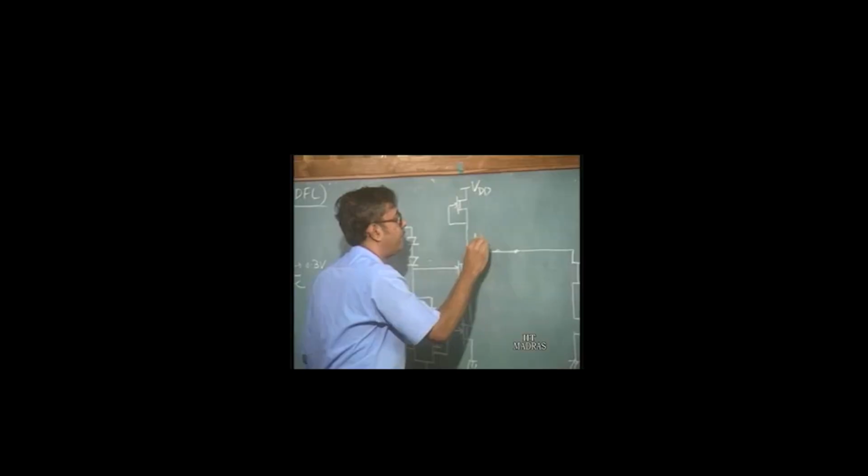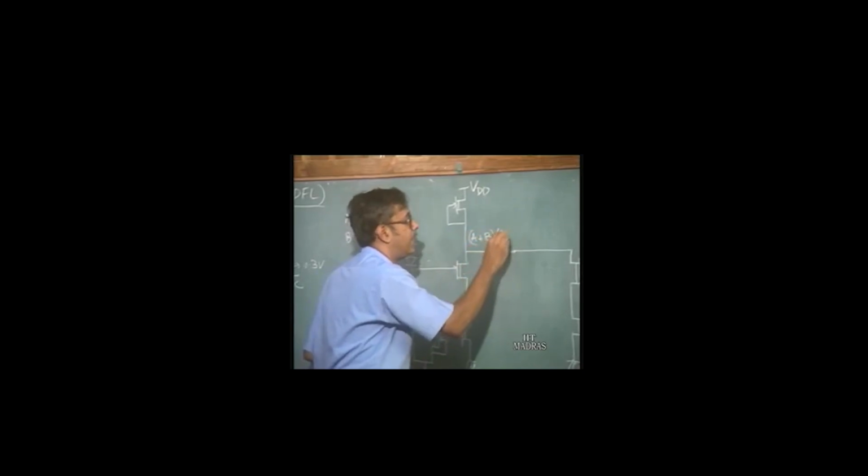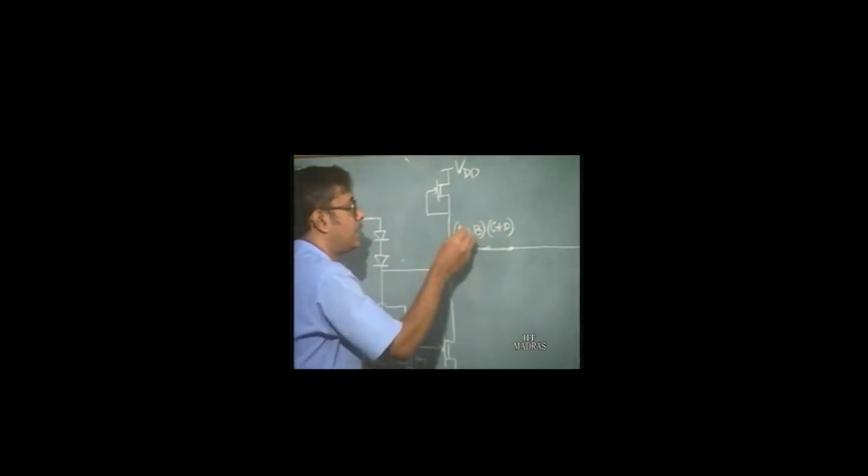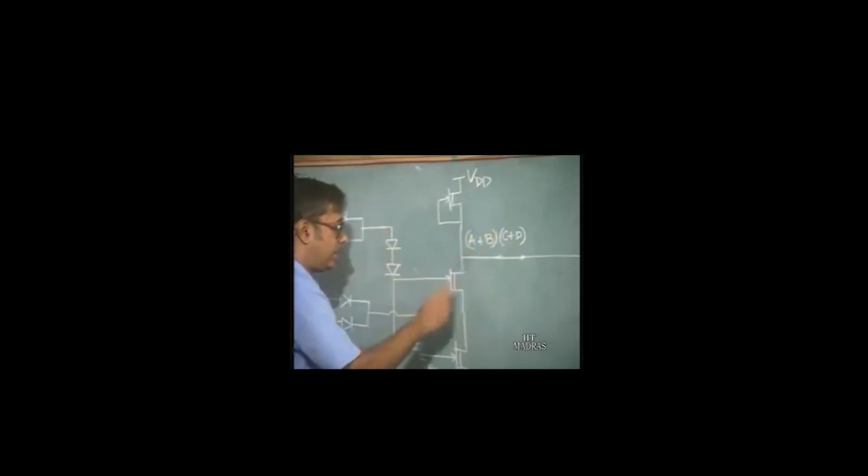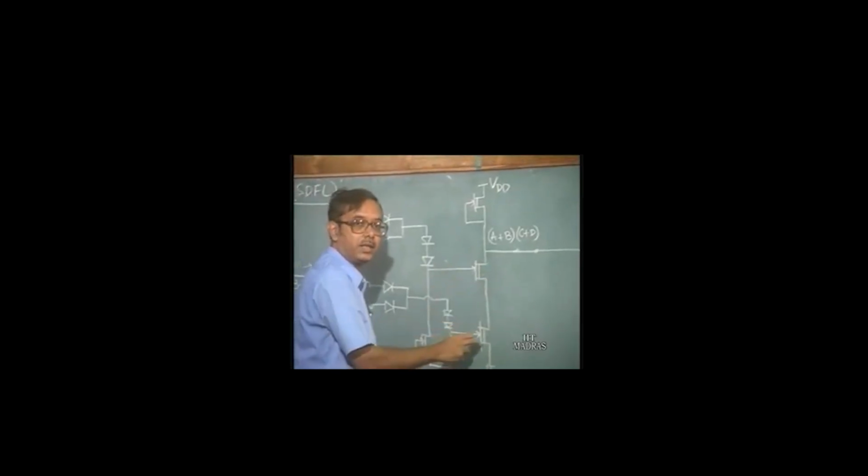And again, for any of these transistors to be on, any of the inputs connected to that particular transistor must go high. So for this particular structure, the logic we have is A or B and C or D. This will ensure that both these transistors here conduct.